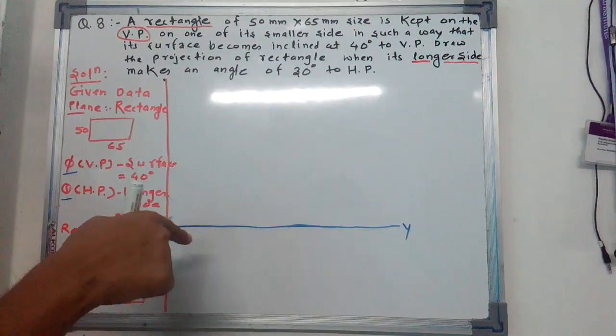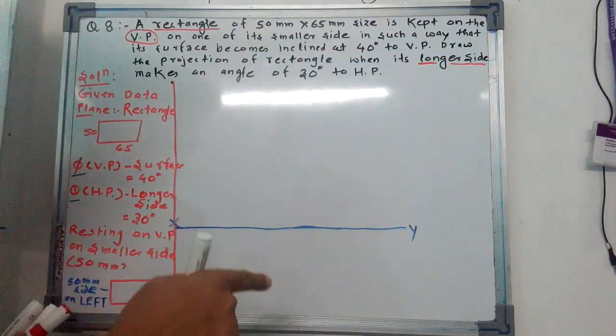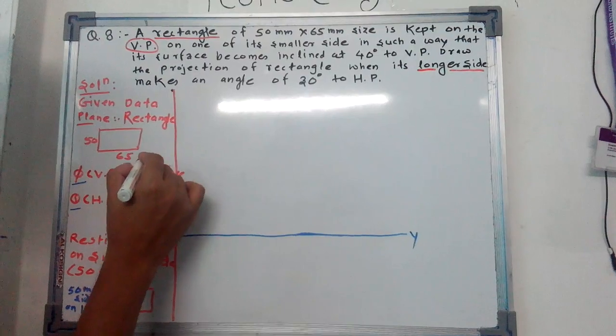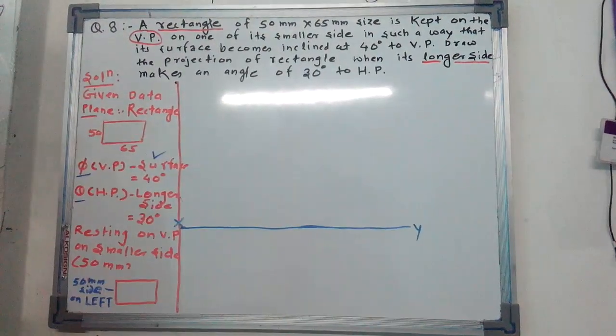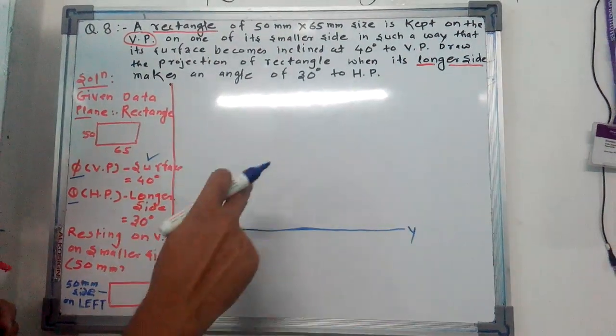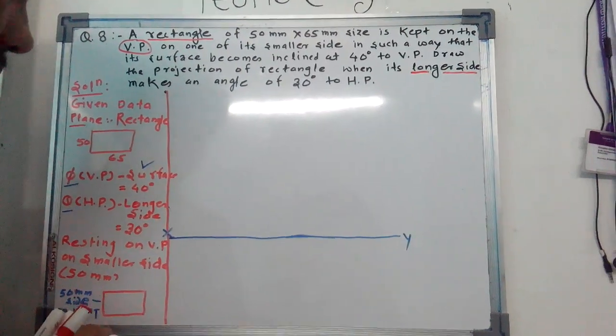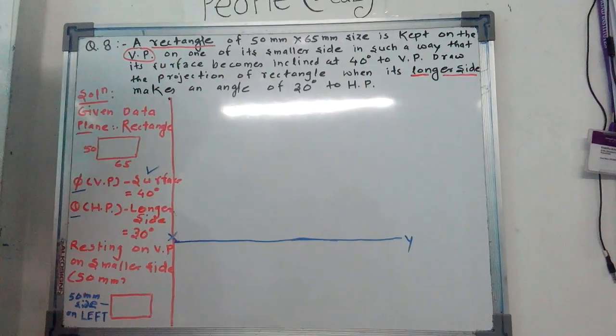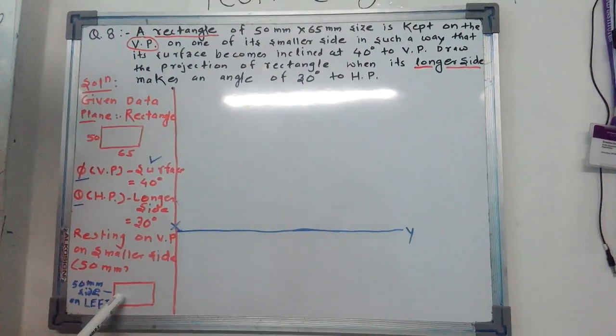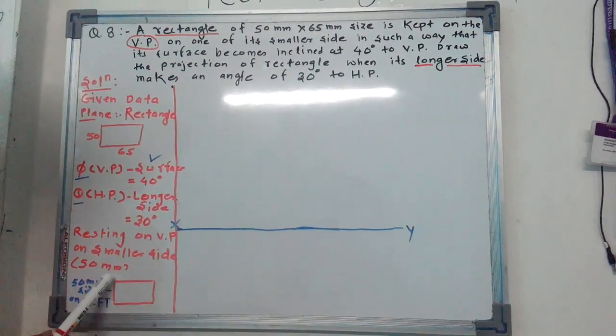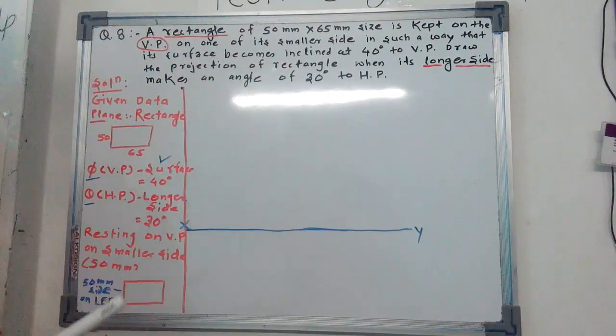So it is resting on VP. So the first inclination which we are going to take, this will be the phi, because first inclination is always with the resting plane. In first stage, the resting side, if you consider this is a rectangle, the shortest side must be on left side.